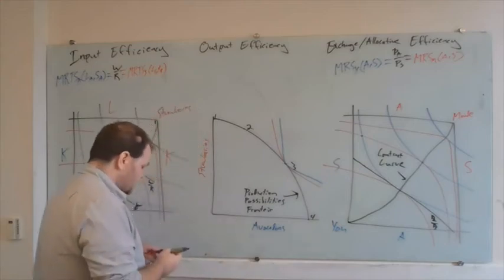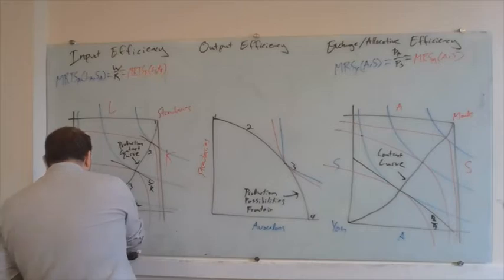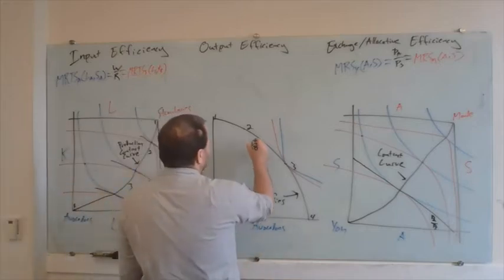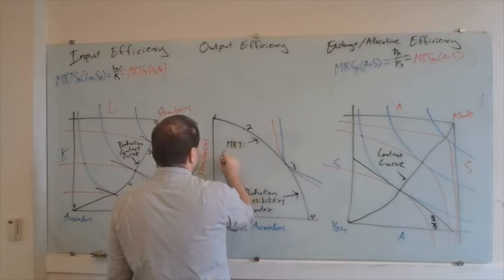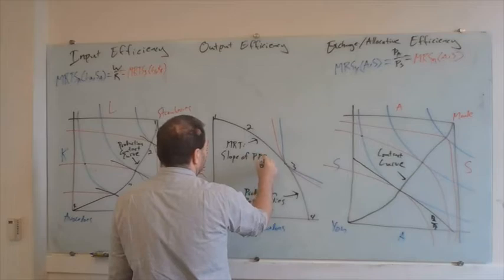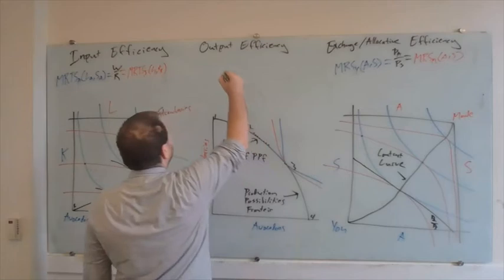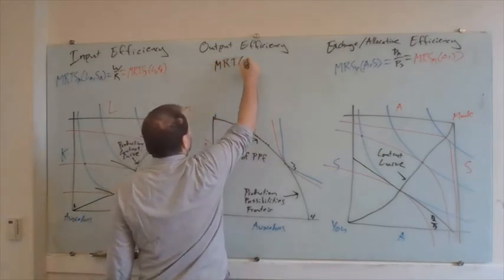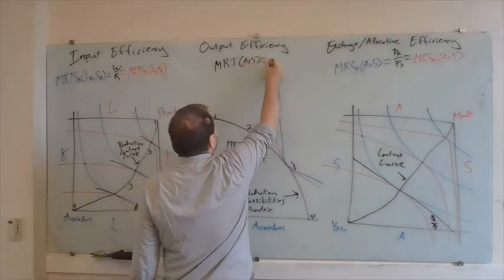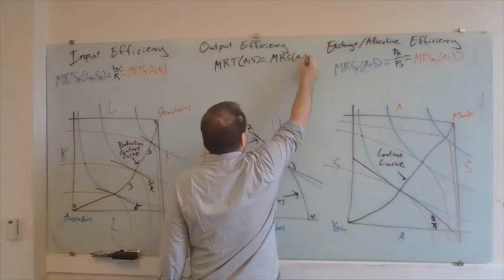So what we need in order to have efficient production of outputs is for our MRT, the slope of our production possibilities curve, to equal our MRSs, right? So we need our marginal rate of transformation in terms of avocados and strawberries to equal MRSs in terms of avocados and strawberries.